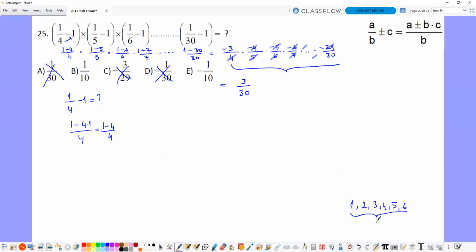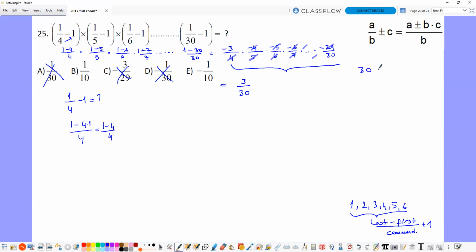The number of numbers is generally found like this: last digit minus first, divided by common difference, plus 1. So the last digit here is 30.